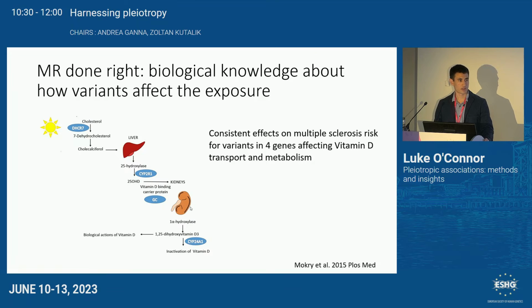And what they found was that these variants are associated with vitamin D levels, and they have consistent associations with MS risk, all 4 of them, suggesting that vitamin D is actually causal.